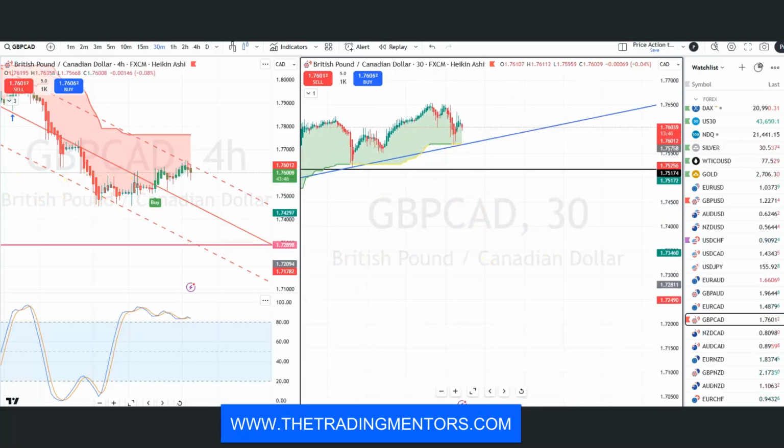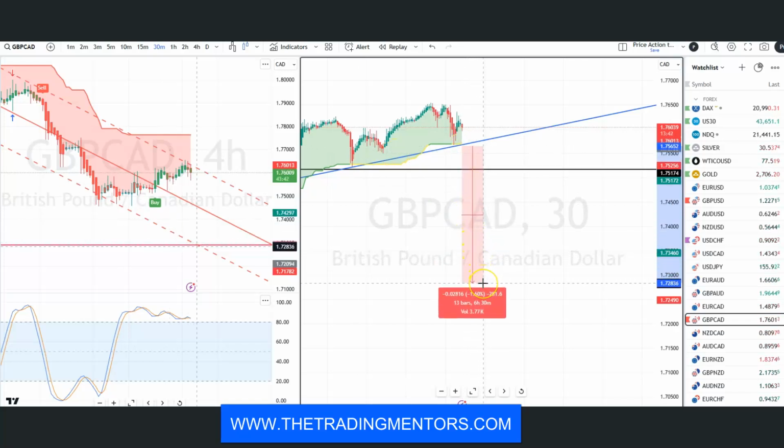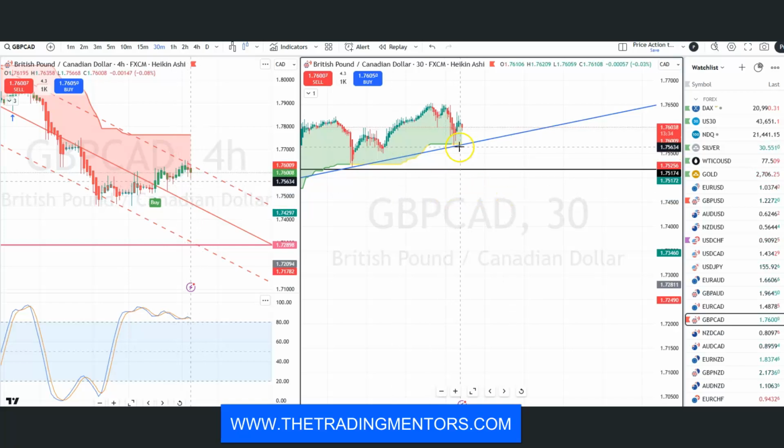I don't count pips, but I know a lot of you do. 281 pips is to be expected. Doesn't mean it'll come in, but as the price moves down and breaks structure, we can manage the position accordingly.